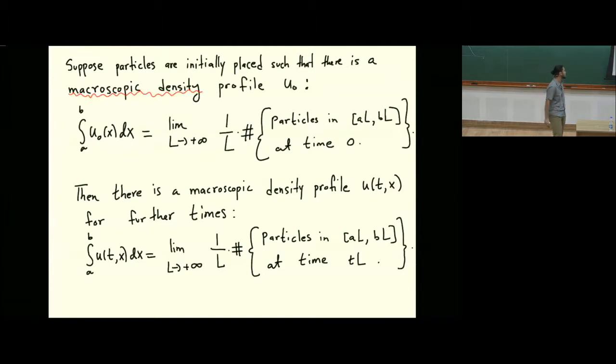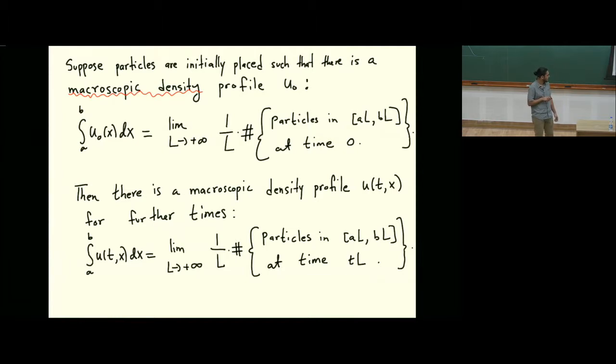And once this happens, there's a theorem that says that for later times, there's going to be a macroscopic density in the sense that, again, if you look at the number of particles in a very large interval from AL to BL at time T times L, where T is the parameter, you look at the number of particles and you divide by L to get a density, and then you take a limit.